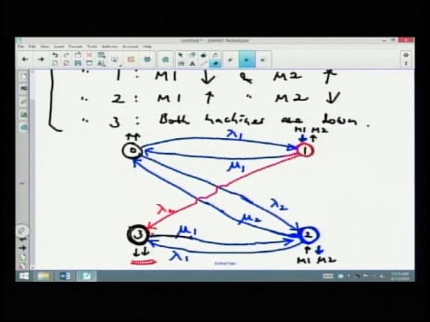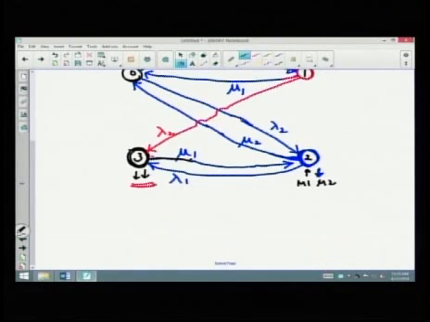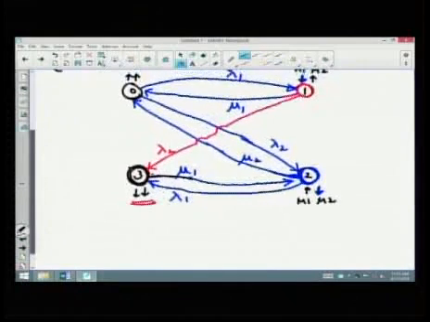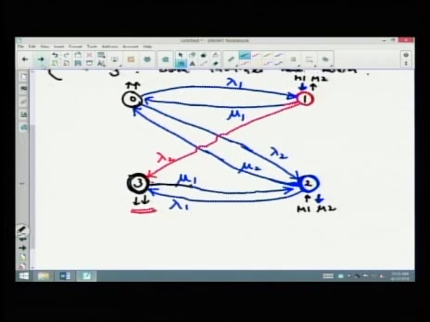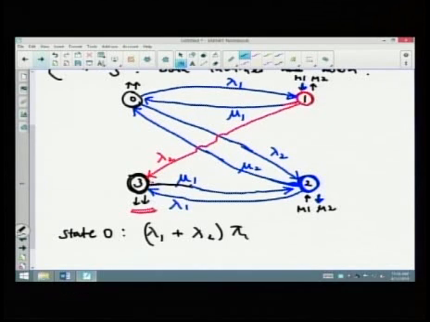Okay. Now, based on this, let's construct the balance equation. Okay? So, for state 0, what do we have? Transition rate from state 0 would be lambda 1 plus lambda 2 times pi 0.